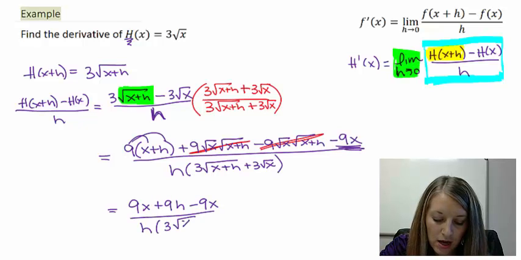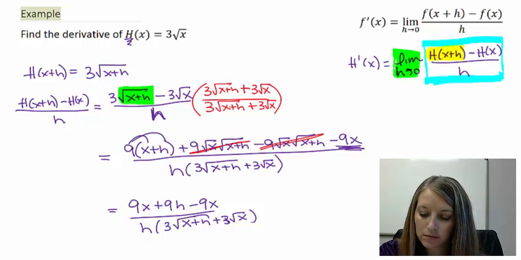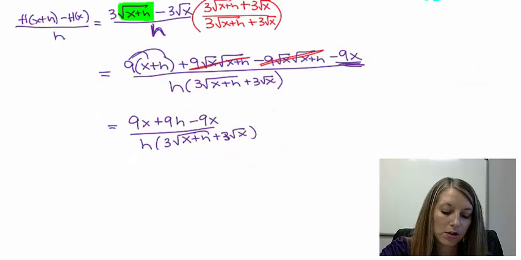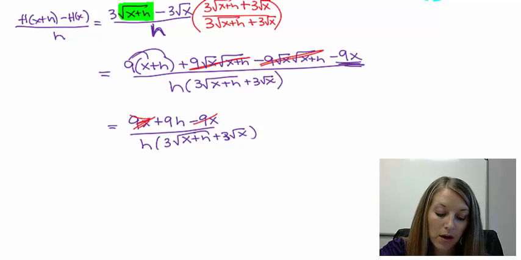Just rewriting the denominator from step to step. And hopefully you can see what cancels at this point. So clearly this 9x and this 9x cancel. But not only that, once I get rid of those, my h divided by h cancels.